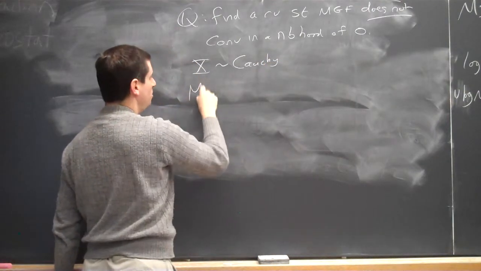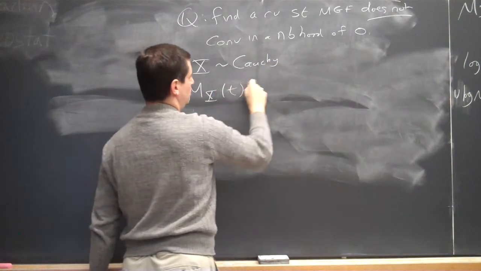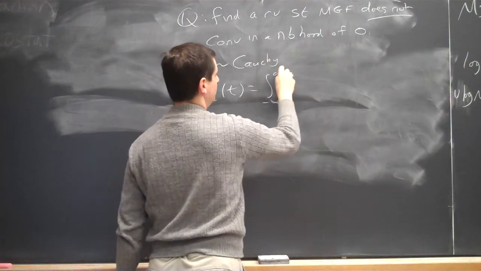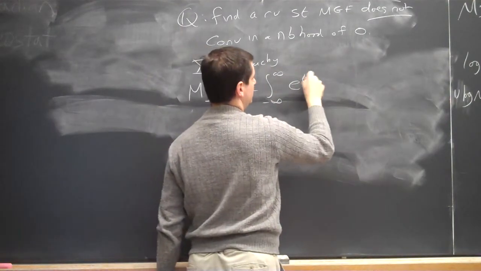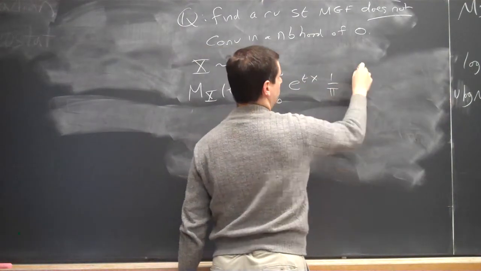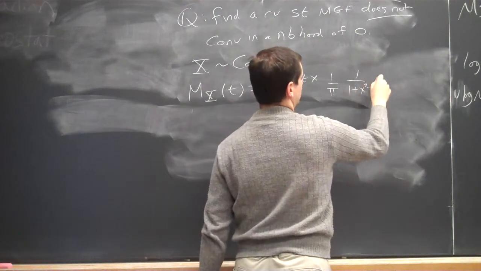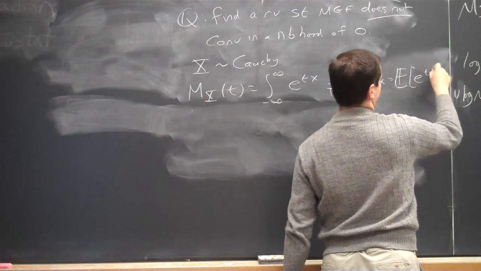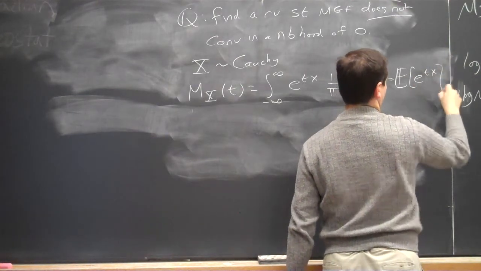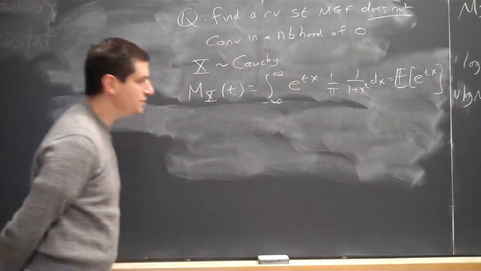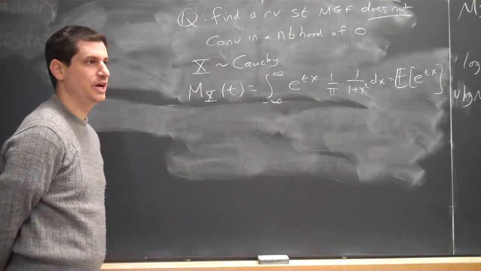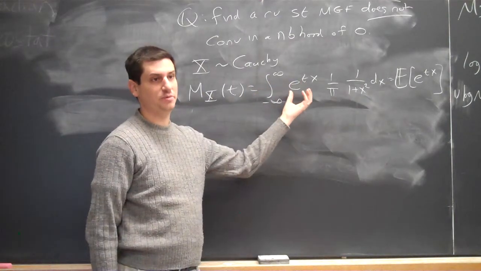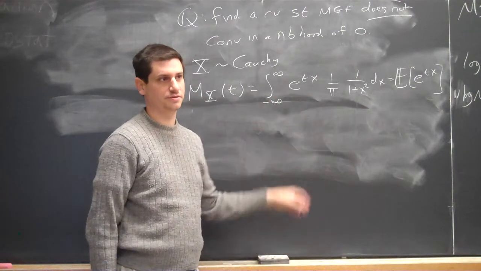So then the moment generating function of X would be the integral from minus infinity to infinity of e to the tx times 1 over pi times 1 over 1 plus x squared dx. And this is just the expected value of e to the tx. So if this converges in a neighborhood of the origin, then for all t less than delta in absolute value, this should make sense.